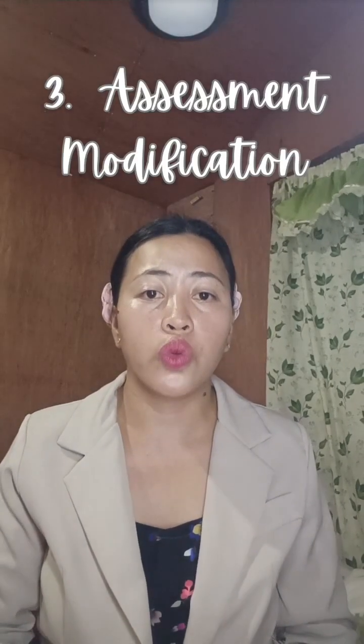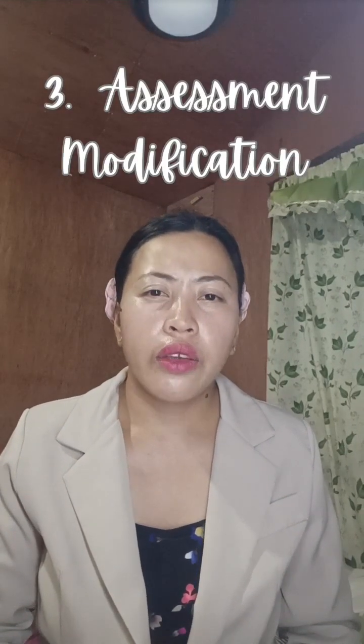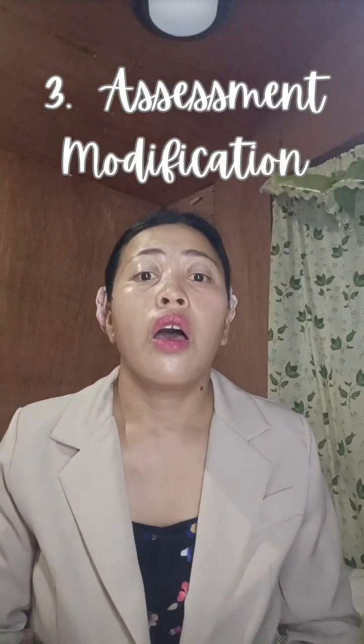Number 3, assessment modification. The assessment is changed to match the student's learning goals, like different test questions, alternative assessments such as portfolios or practical demonstrations, and a reduced number of test items. Example, a student with a significant learning disability completes a 10-item test covering basic concepts, while the rest of the class takes a 30-item test that includes more advanced questions.